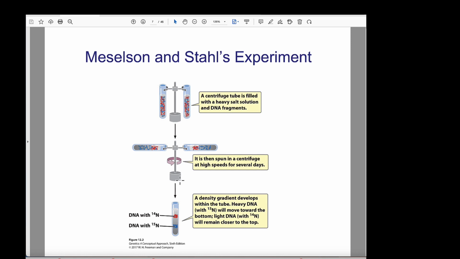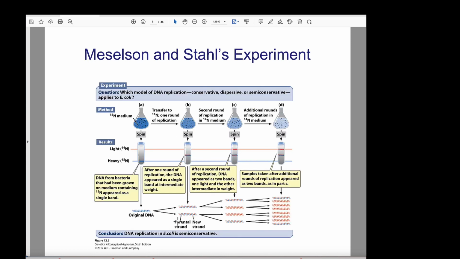Because of the density gradient that is allowed to form, it separates out the DNA based off of the isotope, so the heavy versus the light, N14 being the light, N15 being the heavy. And from this experiment, they were able to determine the model of replication.